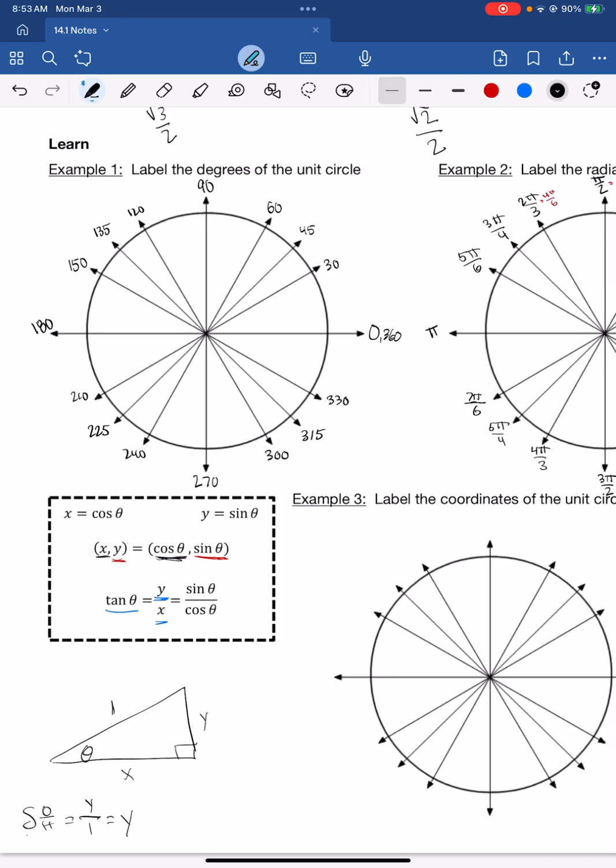So when we were looking for sine, we got y. And then when we are doing cosine, so that's adjacent over hypotenuse, well, the adjacent side is x over 1, which just turns out to be x. So if a problem is asking for the cosine, what you're looking for is the x value. And if it's asking for the sine, you're looking for the y value.